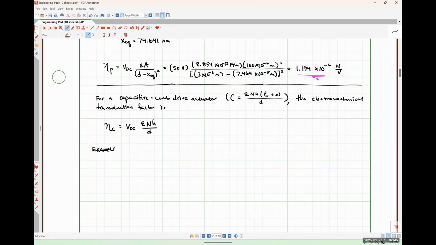the capacitive comb drive, because it works linearly, is much easier to figure this stuff out.